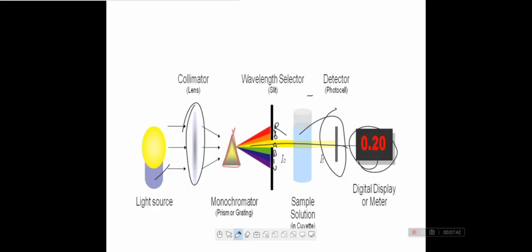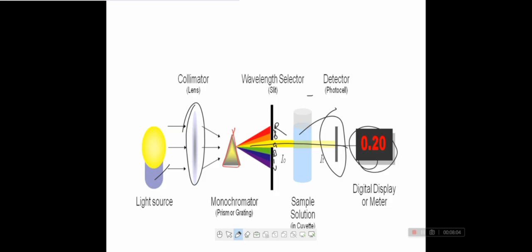So what happened here? First, the light source. From the light source, light will pass through the lens. After that, the light will be split into 7 colors with the help of the prism.